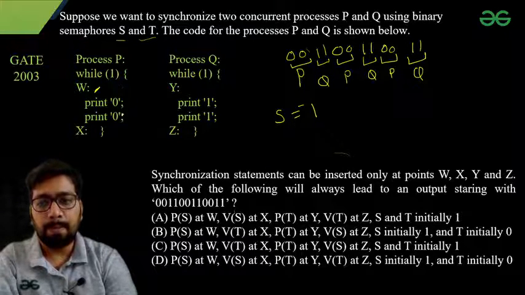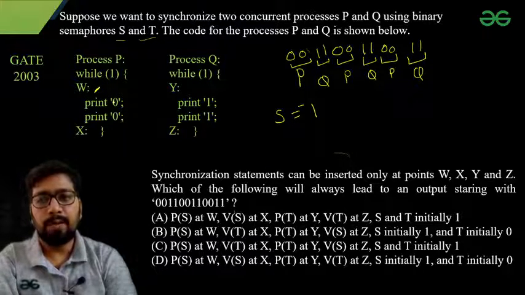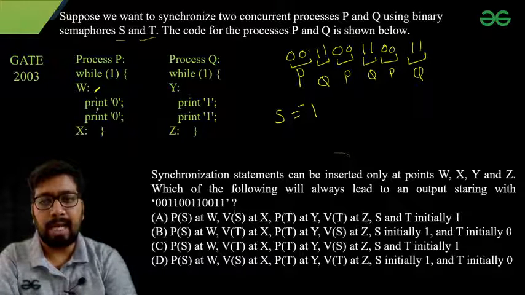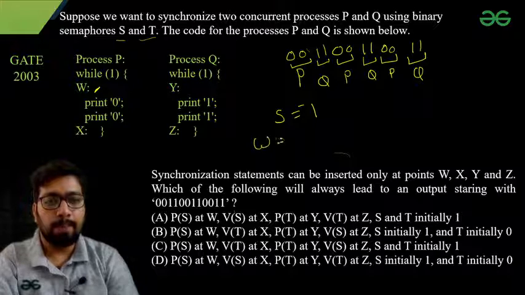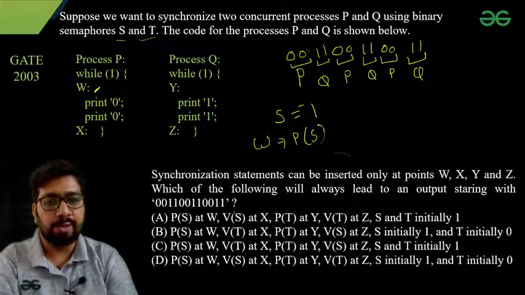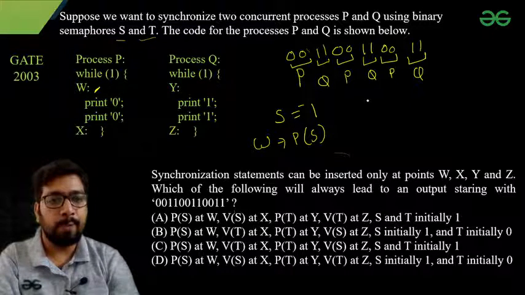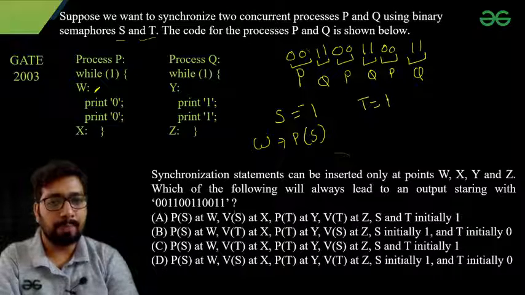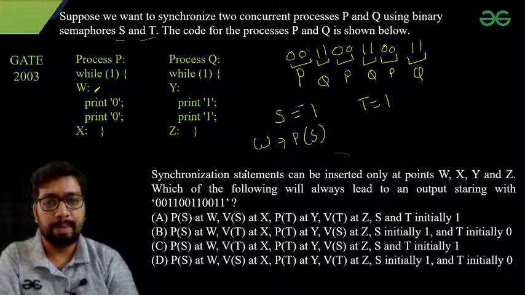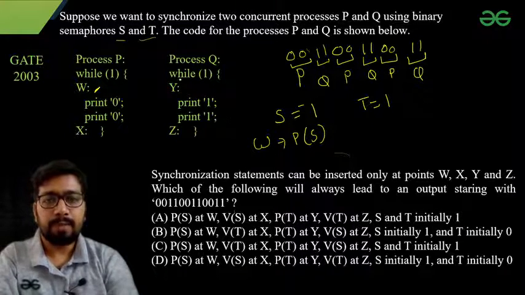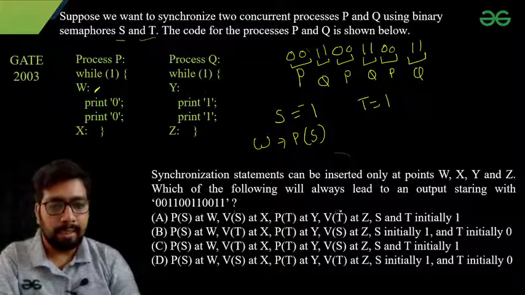Then only P can perform the W or wait operation, and after that it will print 00. So W is P of S, in all the options it is P of S. So that's fine. Suppose initially T is also 1. So what can happen? Y here you can see is also P of T.